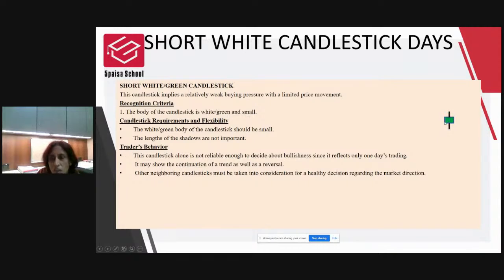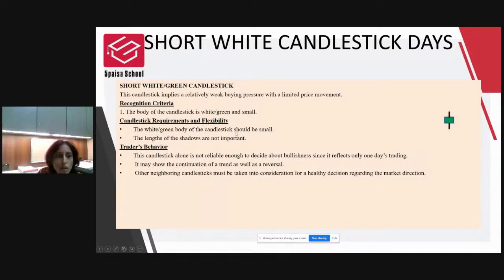So you see the difference between the closing and the opening is very, very small, right? And this thereby indicates a relatively weak buying pressure.